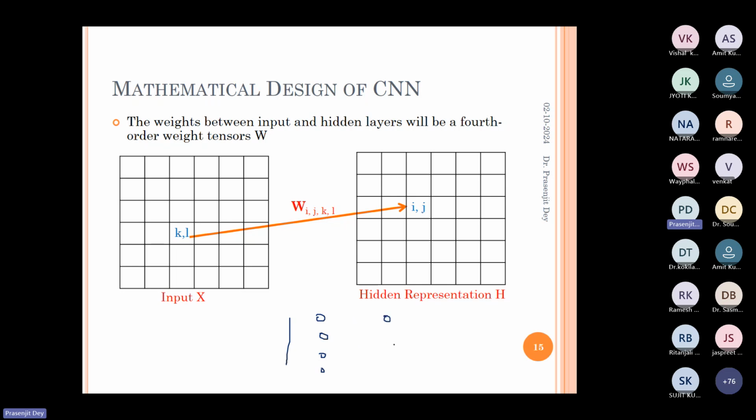There are a lot of hidden layers, and finally there is an output layer. Every input node is connected with every hidden node. In this picture, all the input nodes are connected with all the hidden nodes, and all the hidden nodes are connected with all the output nodes.